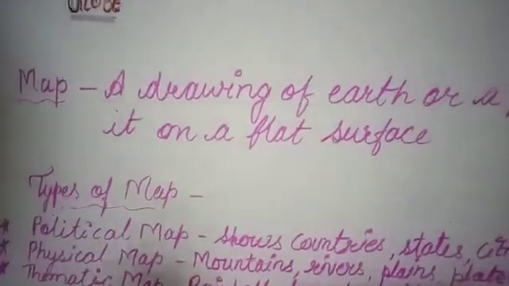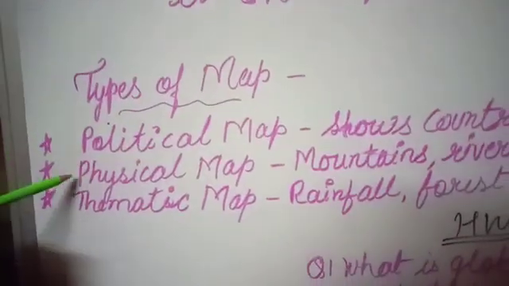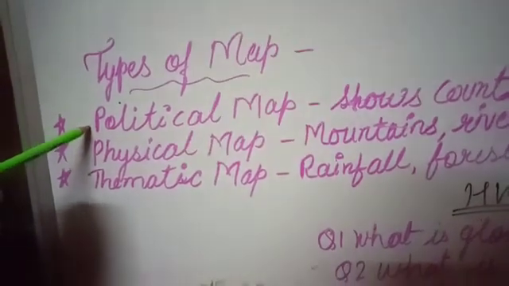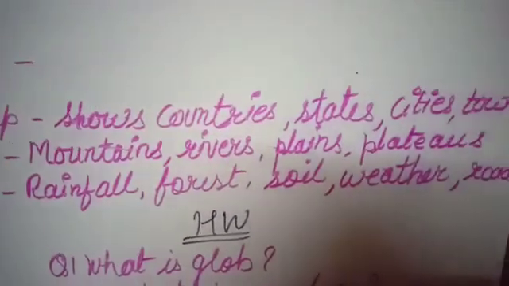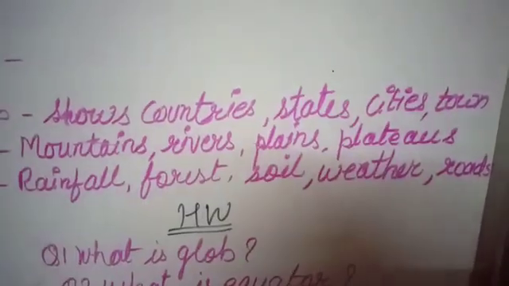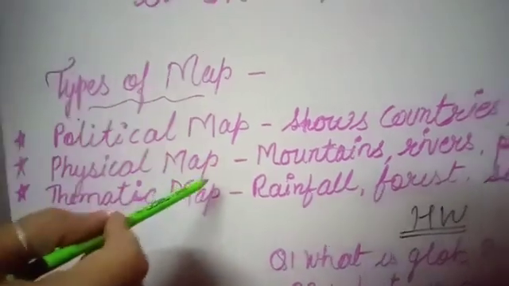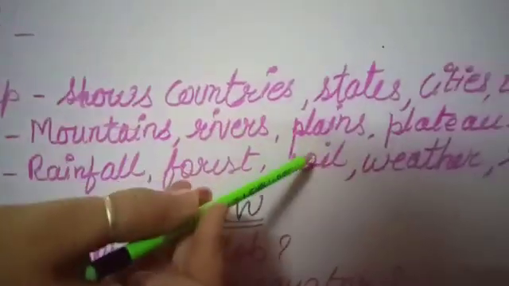These maps are of different types, like first political map, physical map and thematic map. What is political map? Political map shows us different countries, states, cities, towns and villages. Second one is physical map. It shows detail about rivers, mountains, plains, plateaus, etc. Now we are coming to the thematic map.